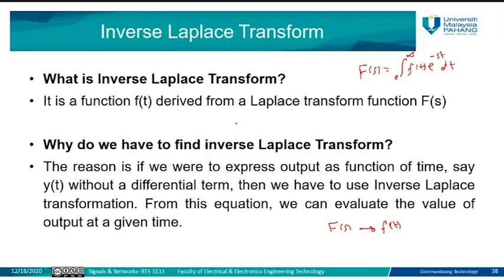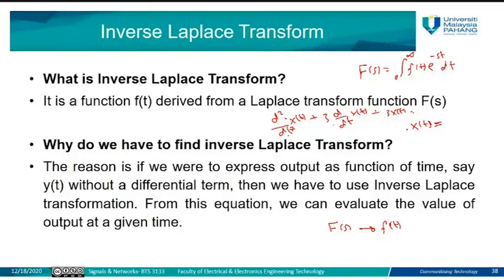Okay, because usually the solution for a differential equation, if you have d squared over dt squared of x(t), for example, plus 3 d over dt of x(t) plus 3x(t), the solution for such a differential equation will be a function, x(t) equal to what? It's not a solution like a normal equation.